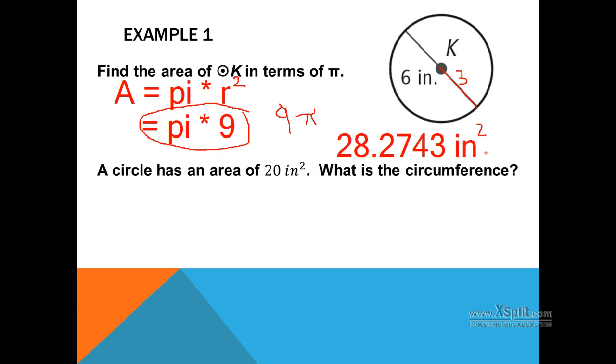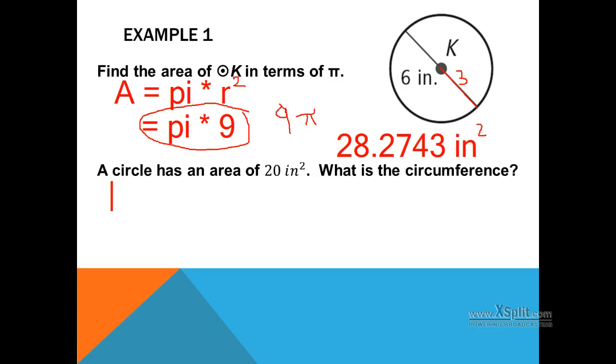We're still going to use inches squared rather than inches round or something goofy like that, because this is really telling us how many squares that are 1 inch by 1 inch can potentially fit in a circle. Turns out there's a little over 28 1 inch by 1 inch squares that could fit inside the circle.